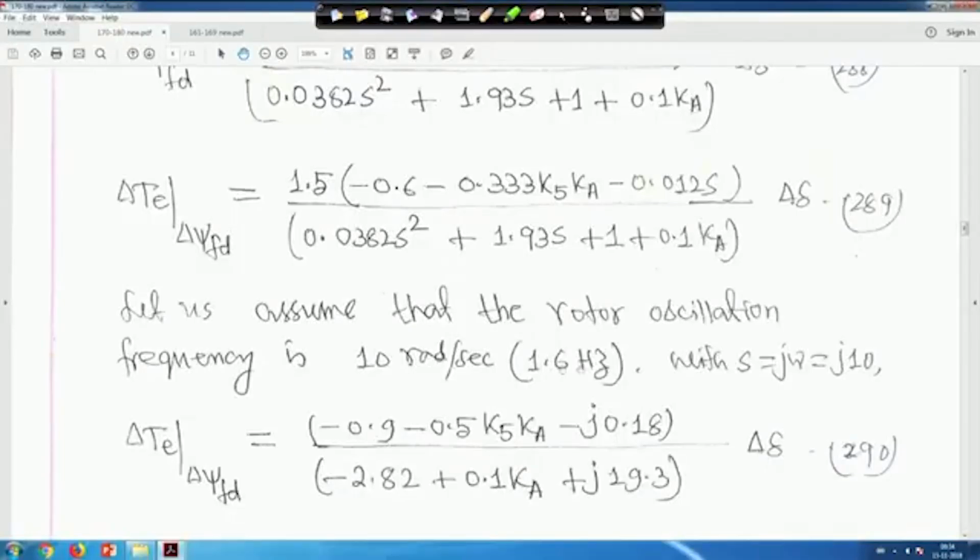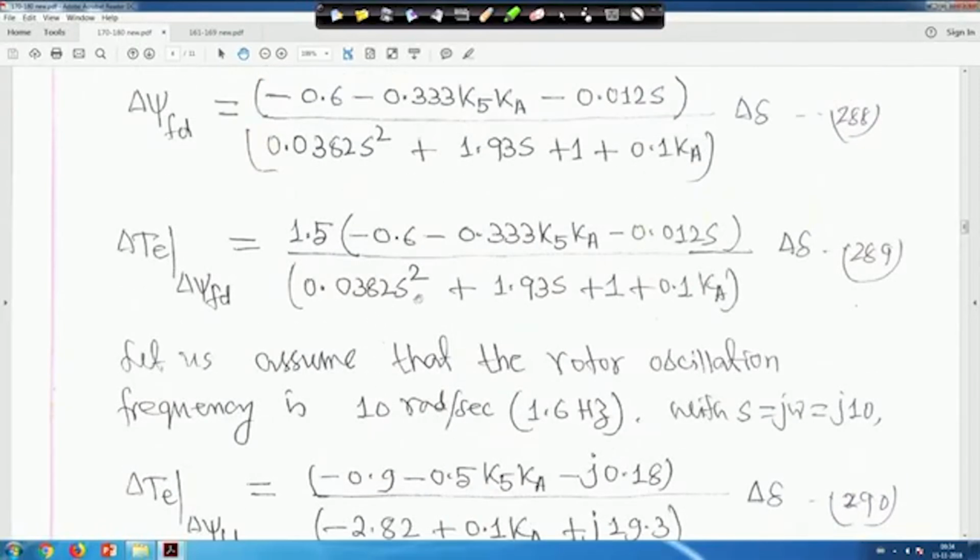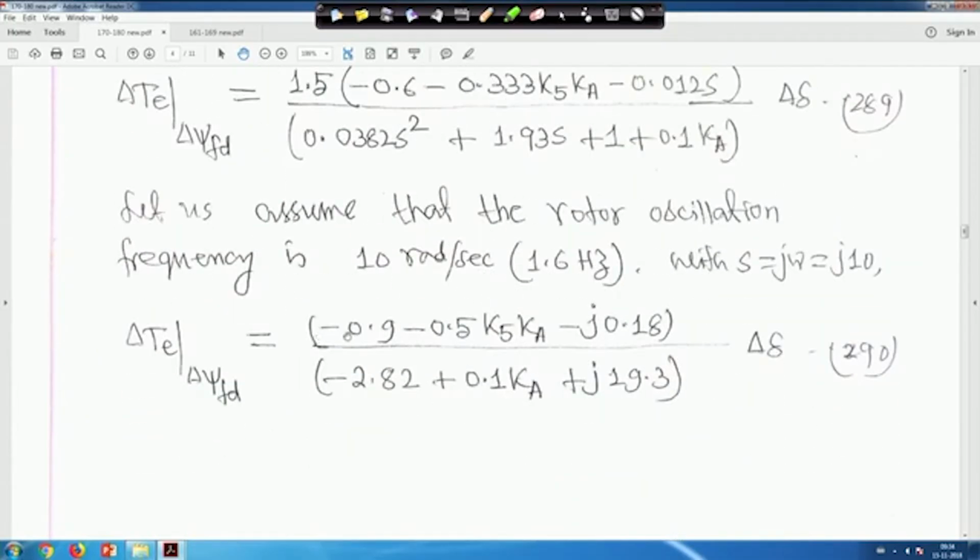So, you put S equal to j10 and simplify. If you do so, it will come as minus 0.9 minus 0.5 K5 Ka minus 0.1 j 0.12 divided by minus 2.82 plus 0.1 Ka plus j 19.3.